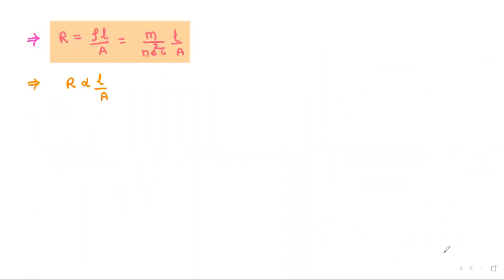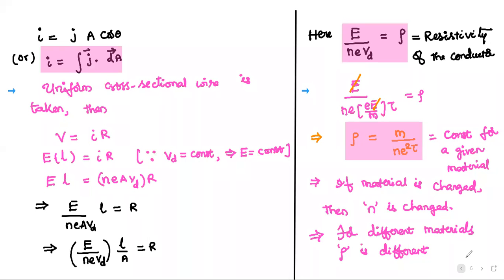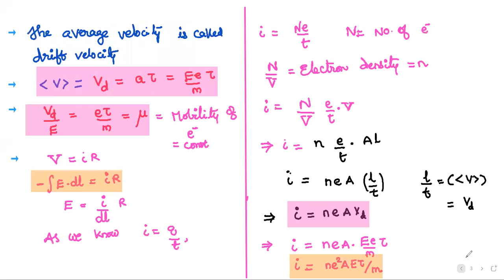The relaxation time. So if the relaxation time is constant, then everything is fine. R is constant, rho is constant, VD is constant in a uniform cross-sectional wire. We can say many things. I is constant depending upon relaxation time.